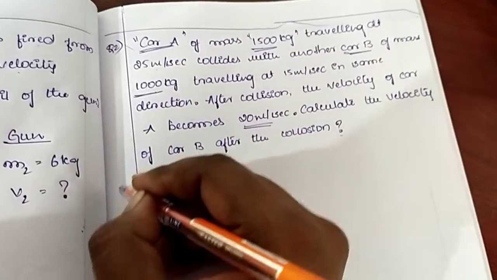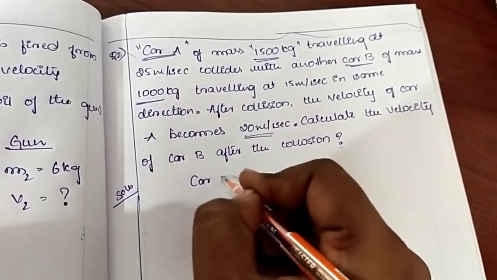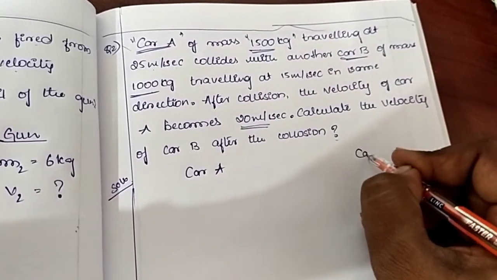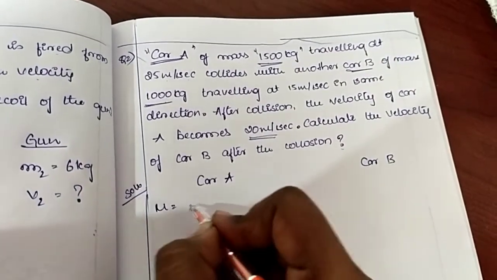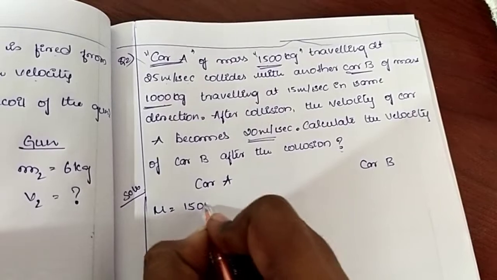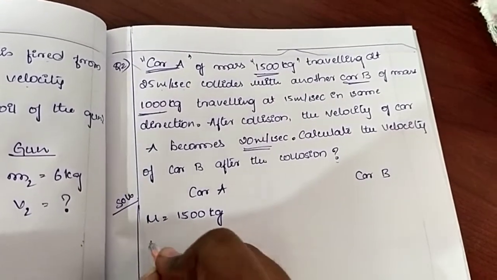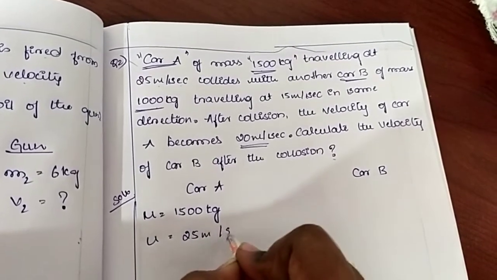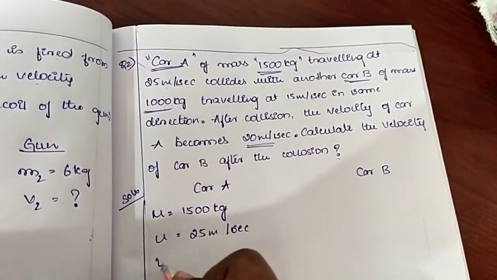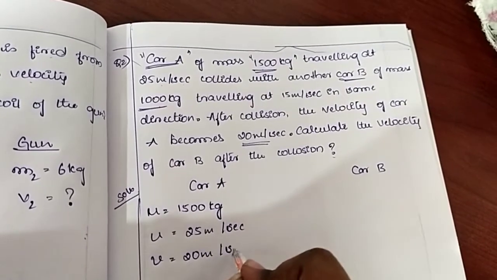Now let us take car A and here we'll take car B. The mass of car A is 1500 kg, the initial speed is 25 meter per second, and the final speed is 20 meter per second.